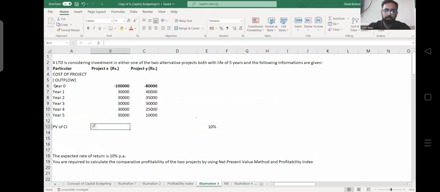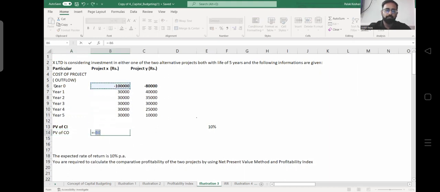So here I will apply the formula. NPV, open up the bracket, select the rate and then select the cash flows. So this is the present value of cash inflows, 1,13,723. After that, we have to calculate present value of cash outflows. It is already given in the question, 1 lakh.